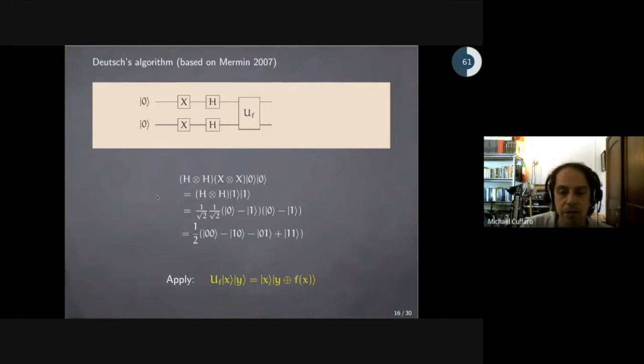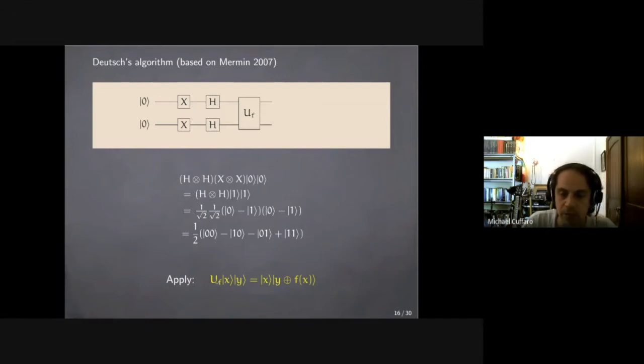And now the next step, once we have this, is to apply a unitary transformation. This is where the oracle comes in. So we apply a unitary transformation to the 2-qubit input, to the first and second qubits.